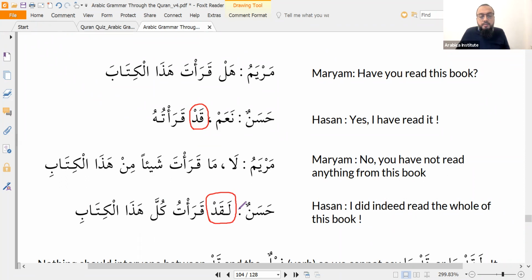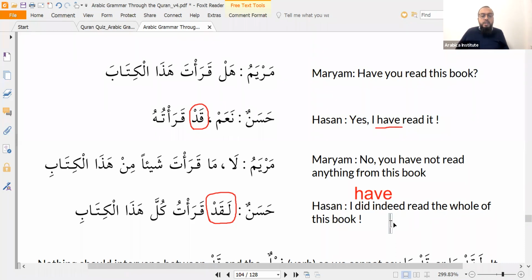Now, qad and laqad are often used to create what we call the present perfect. So here we've got I have read the book, and here, because I've used the word indeed, I translate it as did, but you could think of it as I have indeed, because the word have in English gives you the present perfect.